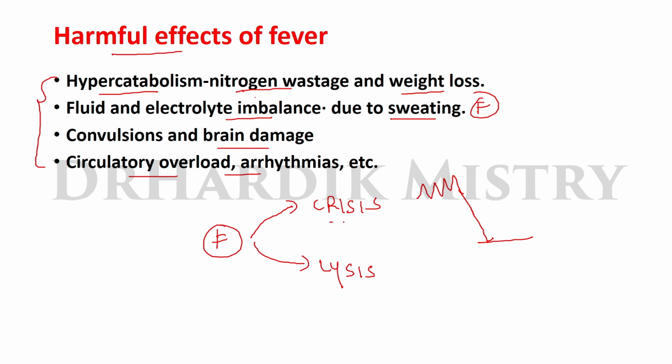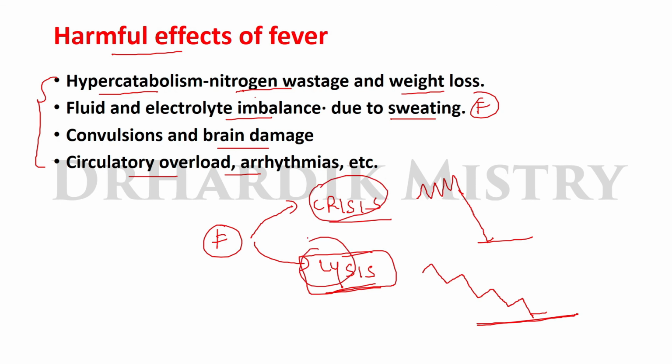That is the crisis mechanism of fever settlement. In the lysis mechanism of fever settlement, once the fever happens, the body temperature gradually comes back to the normal level. So these are the harmful effects of fever as well as the fever settlement, two mechanisms, crisis and lysis.